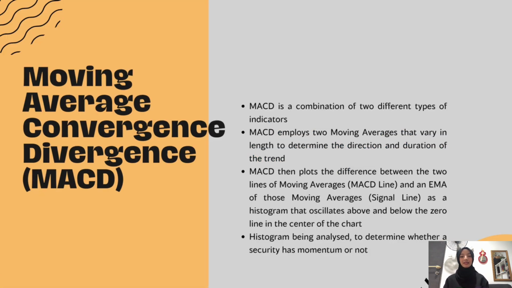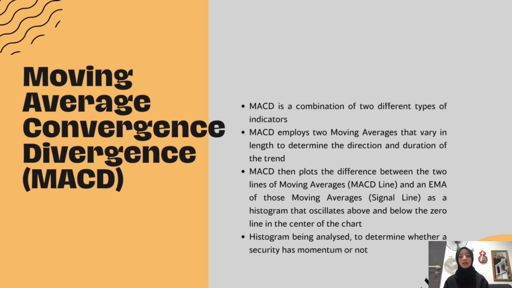The MACD indicator is one of the most popular indicators used in technical analysis. MACD is a combination of two different types of indicators, which is why it is so informative in this sense that it identifies the direction of the trend as well as its duration. First, MACD employs two moving averages that vary in length, which are lagging indicators, to determine the direction and duration of the trend.